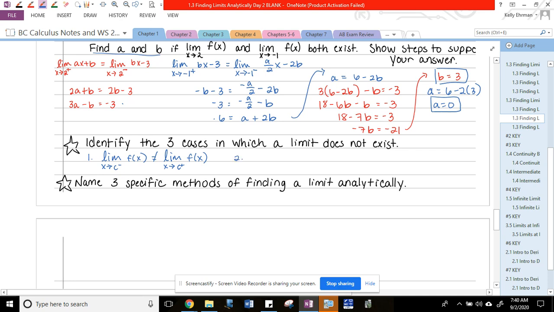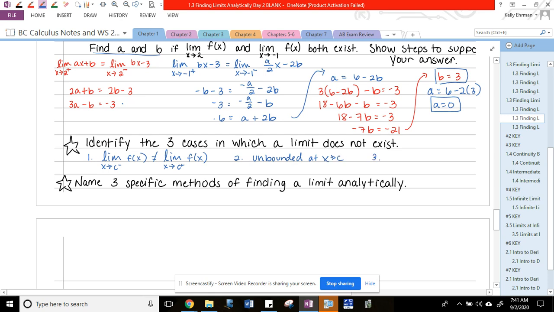Second case, let's see, maybe if we have a rational function and the c value that we're approaching is unbounded. So I'm just going to write unbounded as x approaches c.